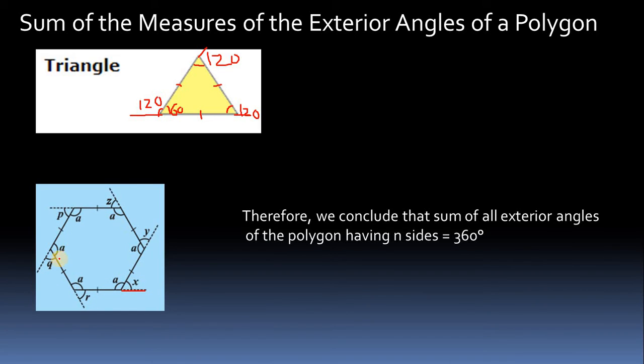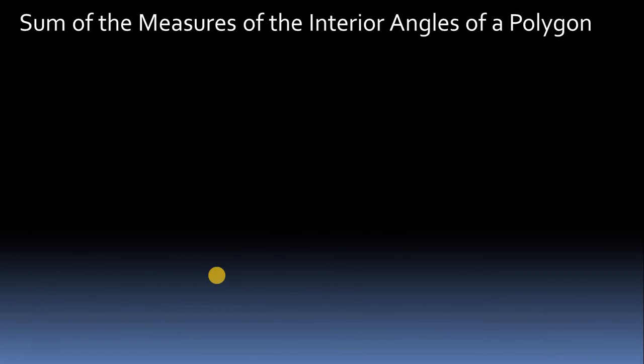It means that we are moving in a circular fashion through 360 degrees. So that is one more reason that the exterior angle sum is 360 degrees. On the basis of this we will solve some problems.